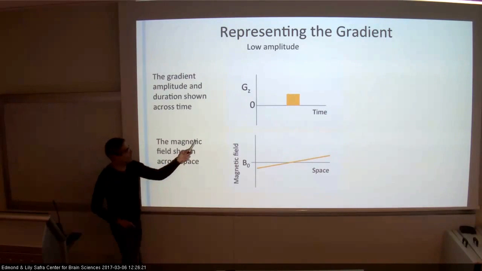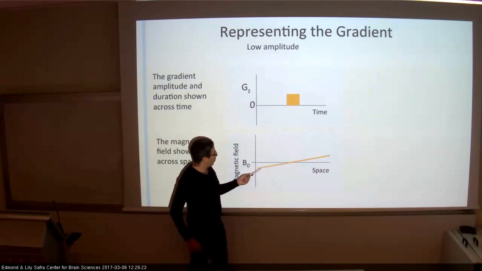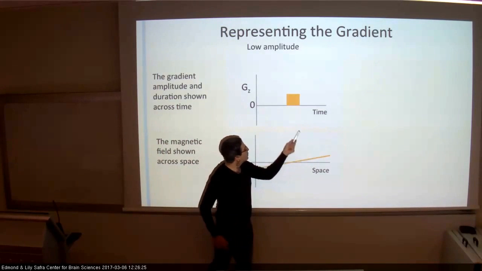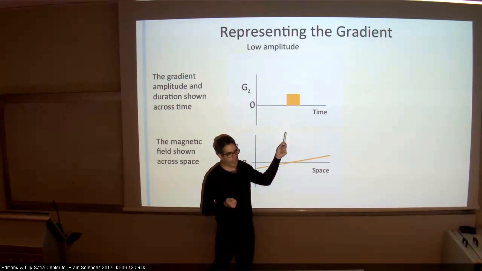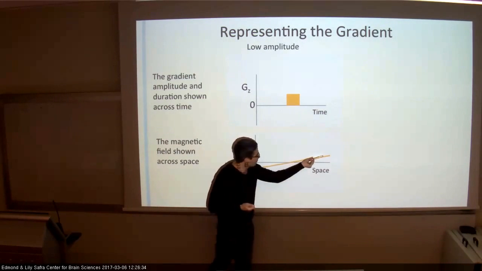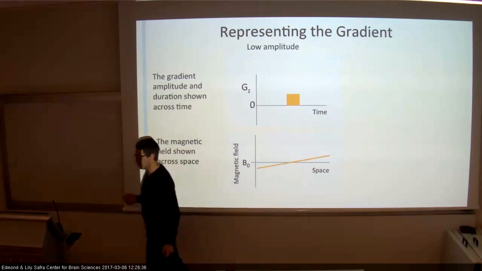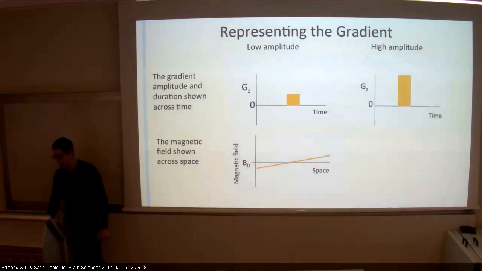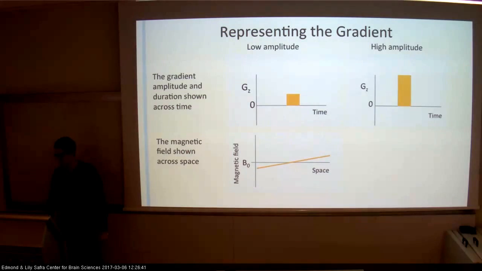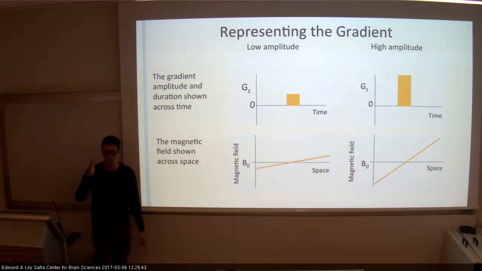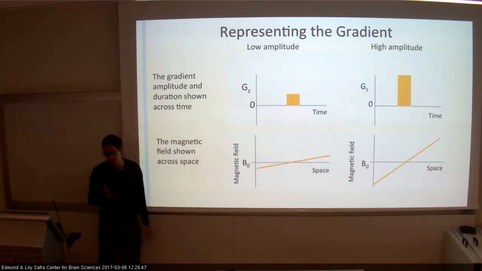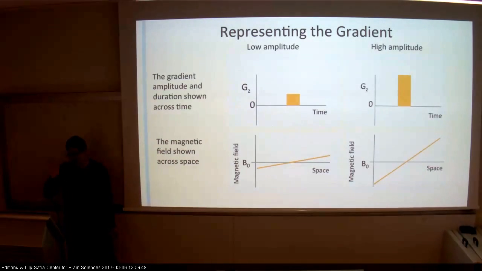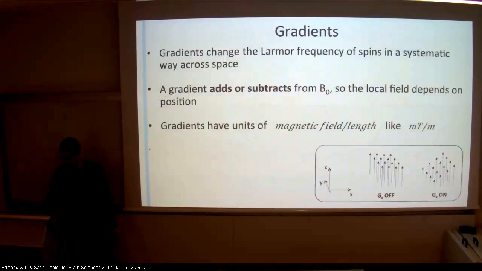So we can talk about the strength of the gradient field that we created, and what the gradient actually creates in space. That was amplitude. Here it's the magnetic field change, and if it is stronger, we get a stronger variation in space. Not really important for us now, we're not going to get to this level.